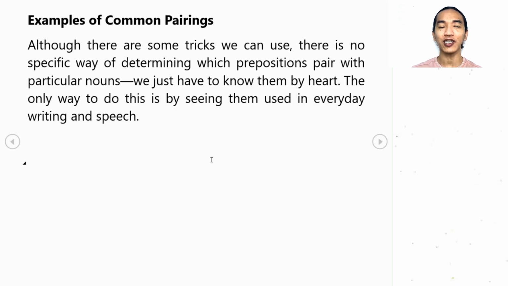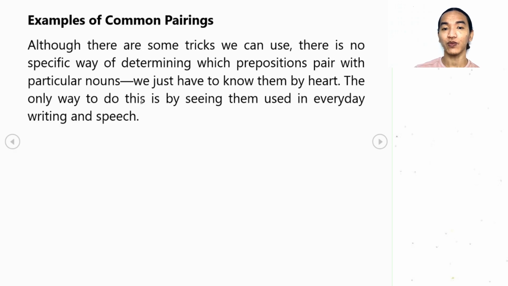There's no rule to say what kind of preposition we use with a noun. We just have to know them by heart. We just need to really memorize them, okay? The only way to do this is by seeing them used in everyday writing and speaking. So we have to get used to using these common pairings.